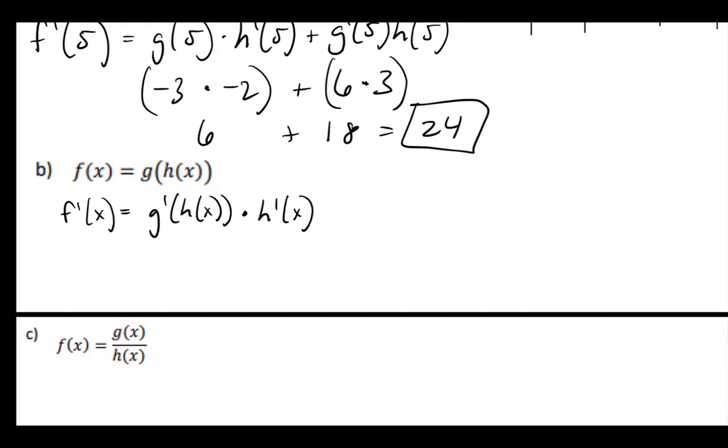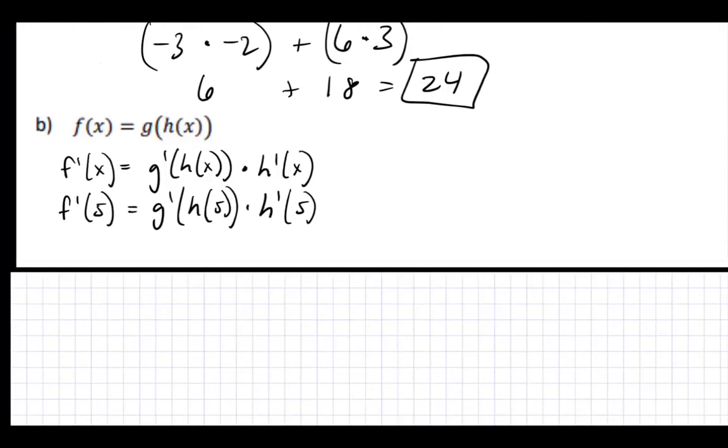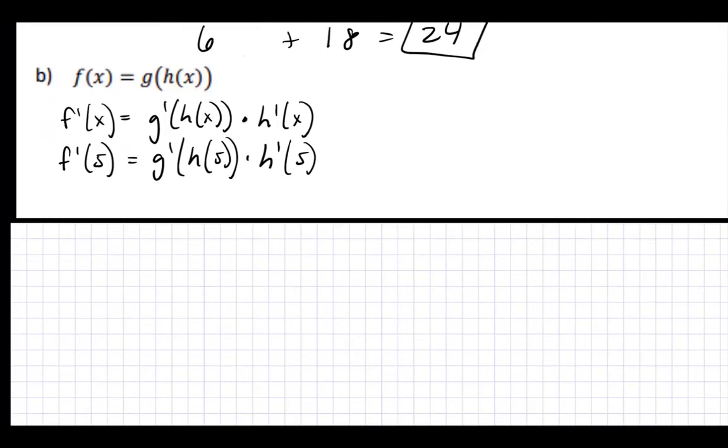Okay. So now I'm going to plug in 5 because that's what I got to figure out. So the first thing I'm going to do, well, over here, I can do this guy here, H prime of 5. Go to my table.